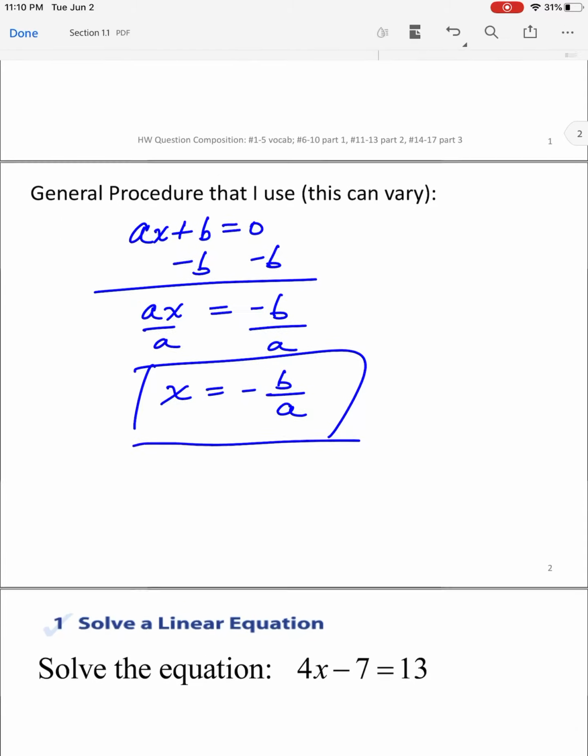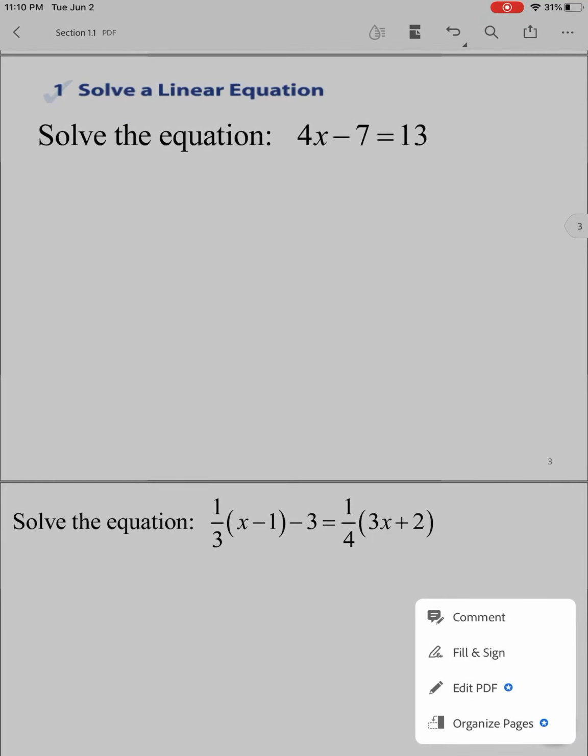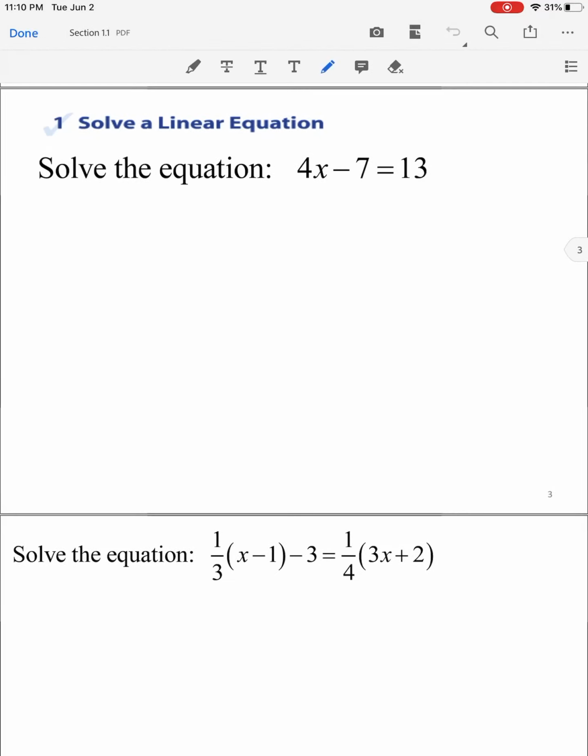All right, let's go ahead and do a legit example. We have 4x minus 7 equals 13. All right, we know this is a linear equation because the variable with the highest power in there is 1. And our goal is to get the variable by itself.